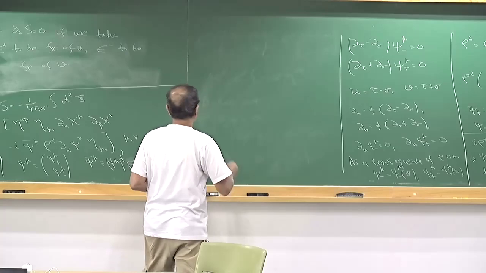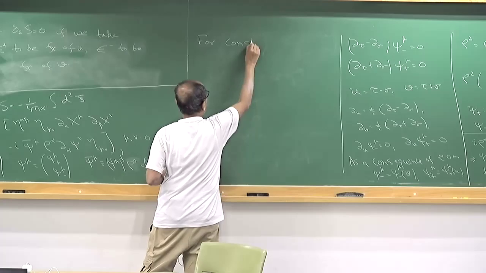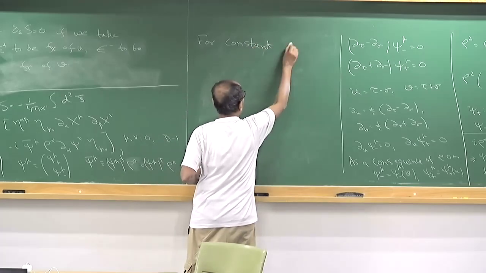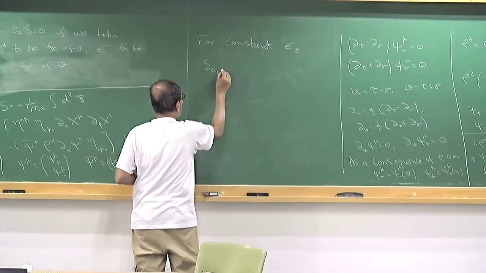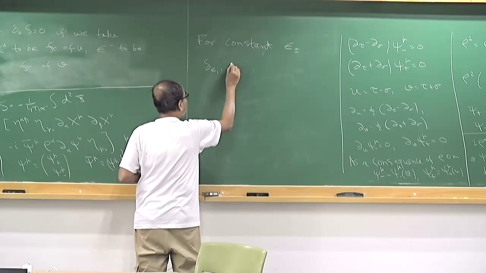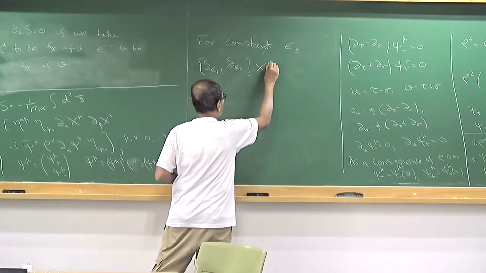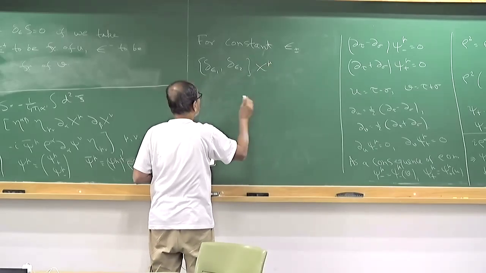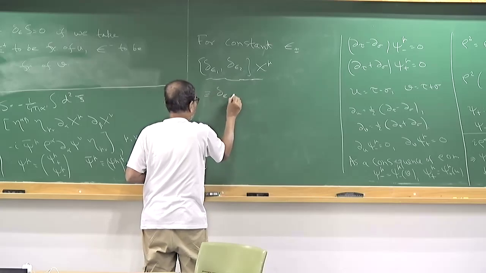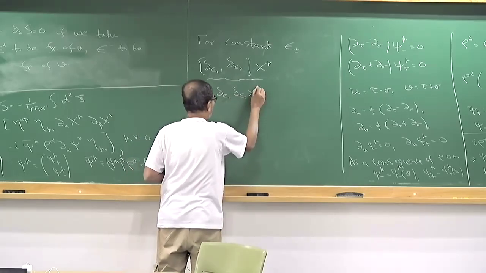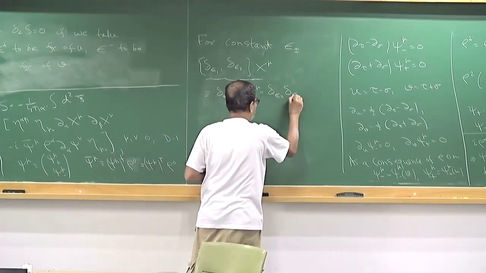Another property: for constant epsilon plus minus, if you calculate the commutator of delta epsilon 1 and delta epsilon 2 on x mu, the definition is delta epsilon 1 delta epsilon 2 x mu minus delta epsilon 2 delta epsilon 1 x mu.